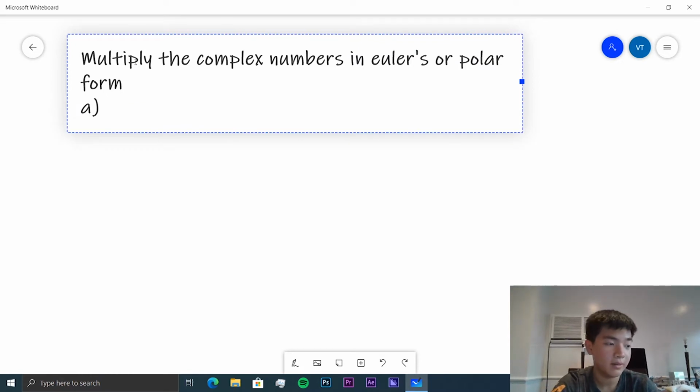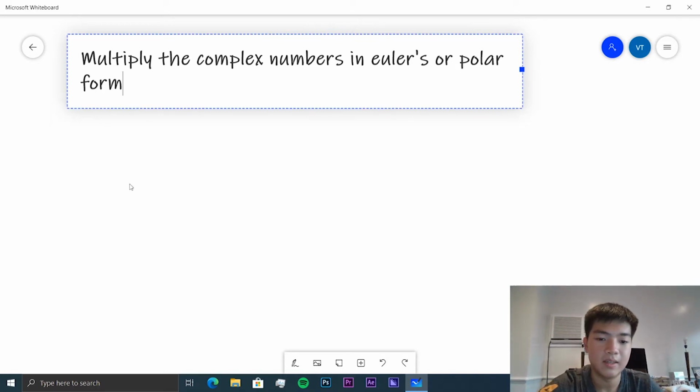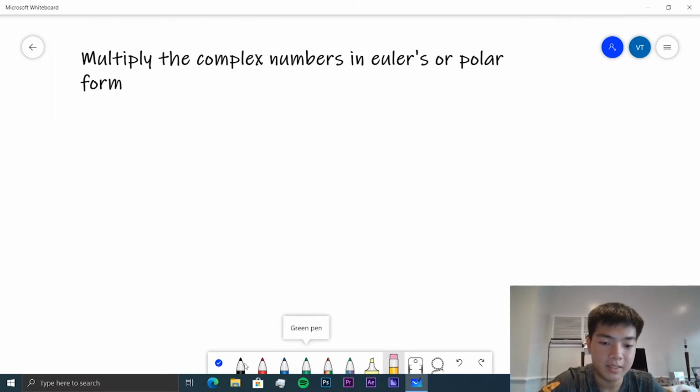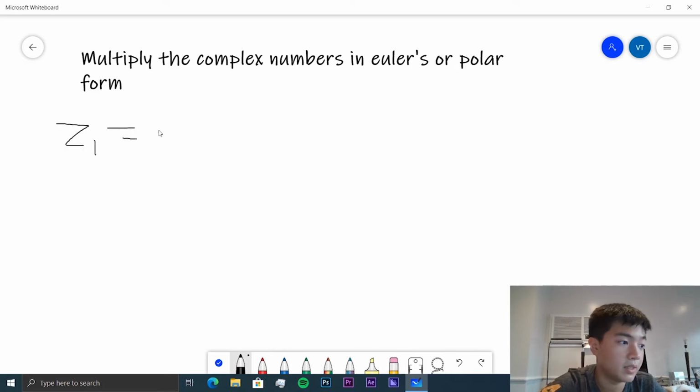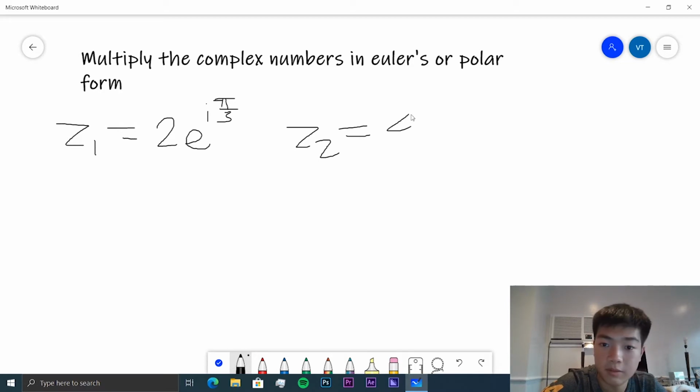The first case is z1 is equal to 2e to the i pi over 3, and z2 is equal to 4e to the i pi over 4.